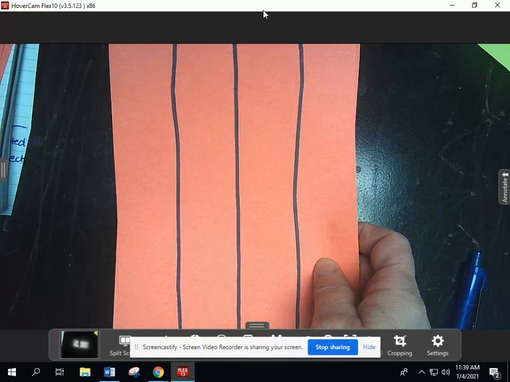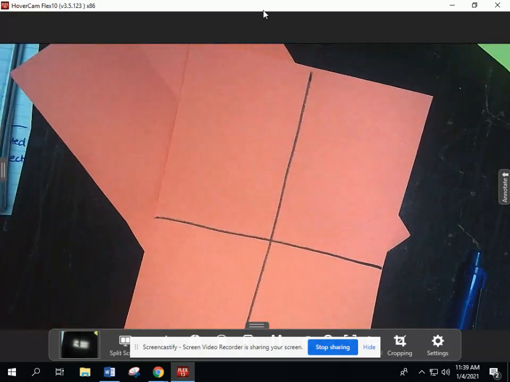Okay? I see somebody who folded their paper this way. So you can have it folded like this or like this, either way.